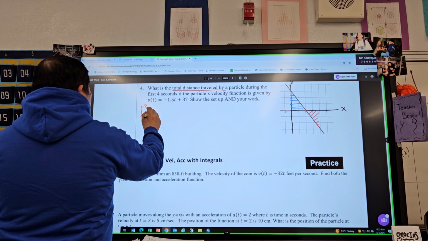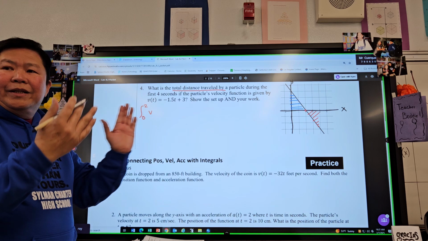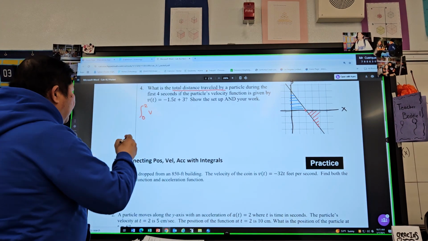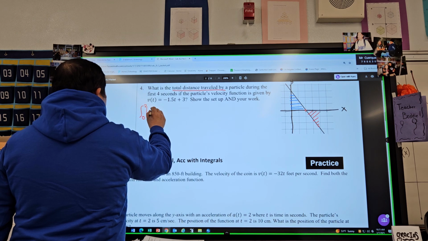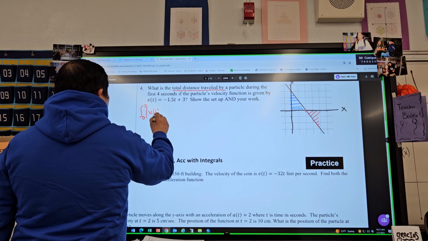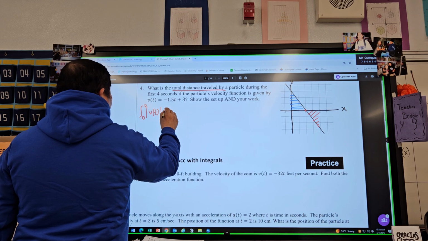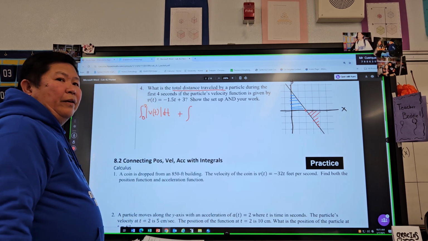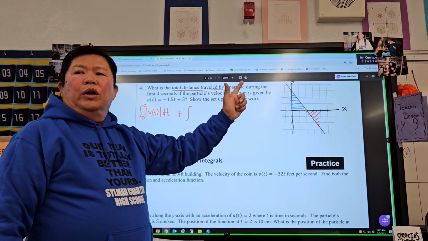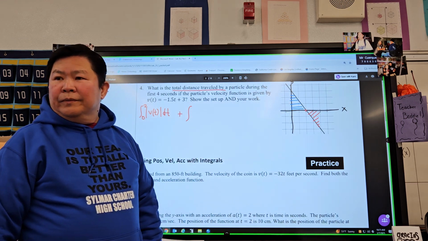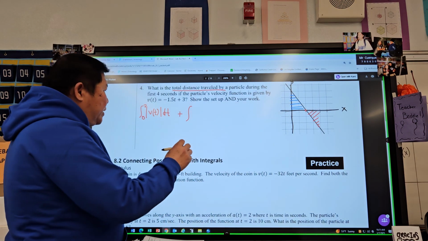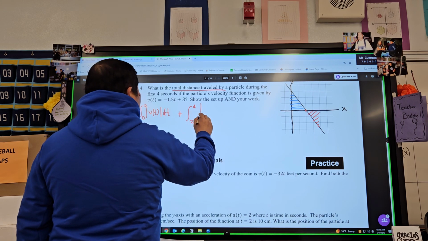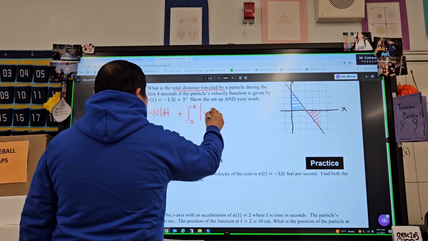And then, since this is total distance, we do absolute value, so absolute value of dt, plus the next is from 2 all the way to 4. Clear, guys? So from 2 to 4, and then still you have absolute value of dt.